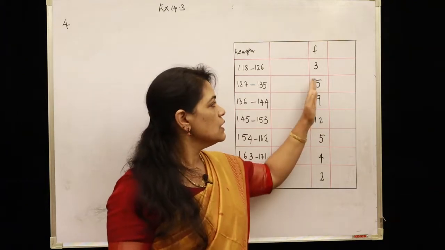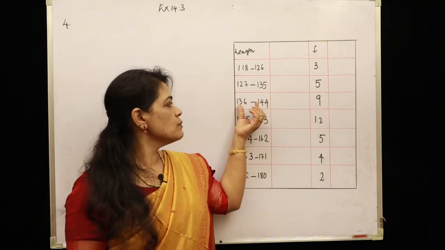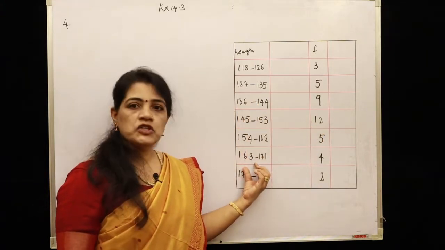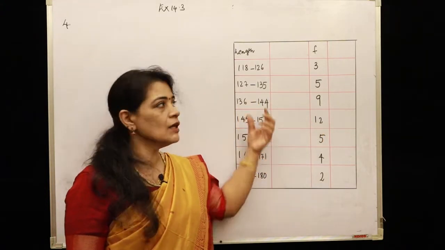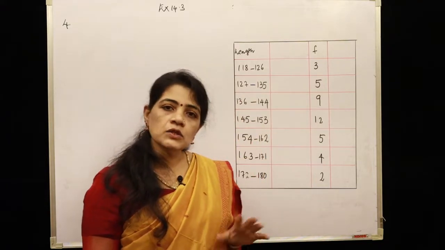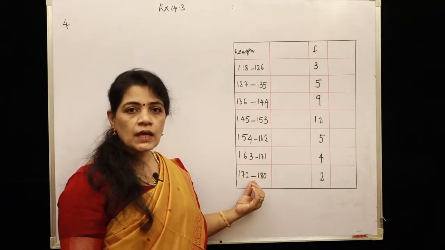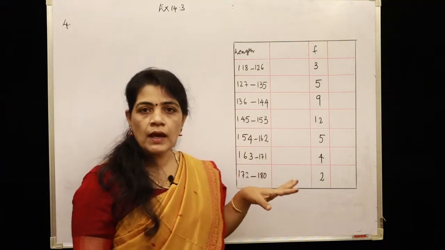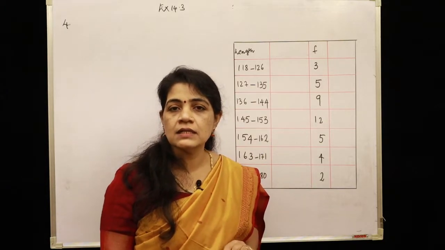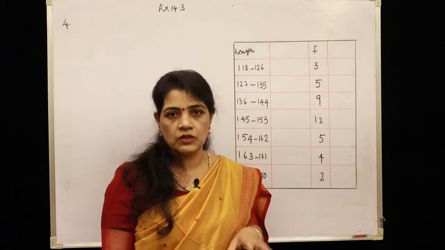These are the numbers of leaves whose length falls between these measurements. As usual, we check whether this is continuous. If it is continuous, we can apply the formula for median, that is L plus (n by 2 minus CF) divided by F, into H.